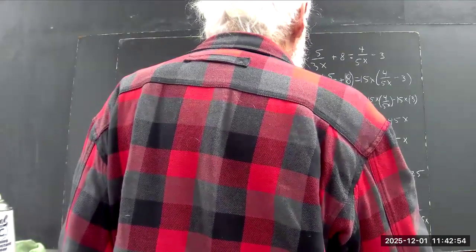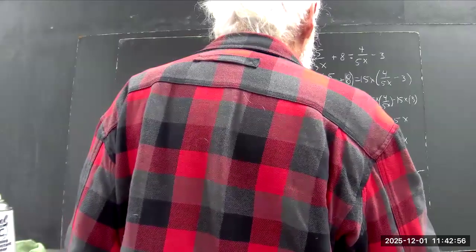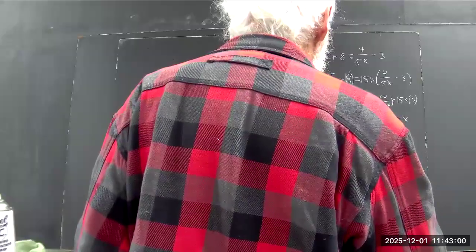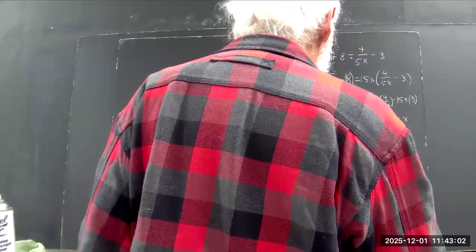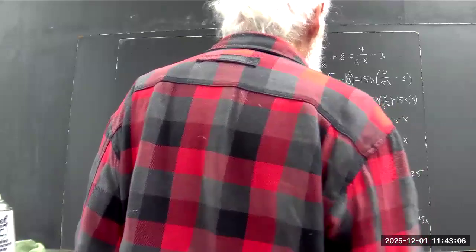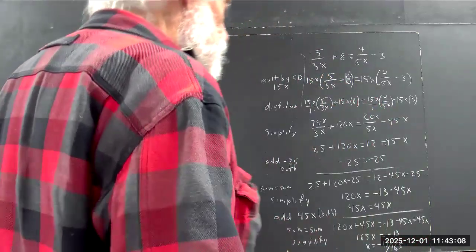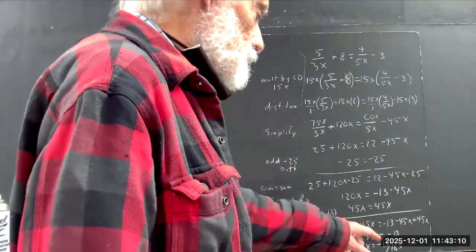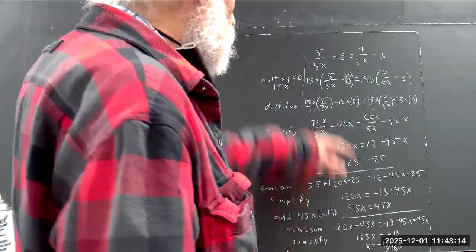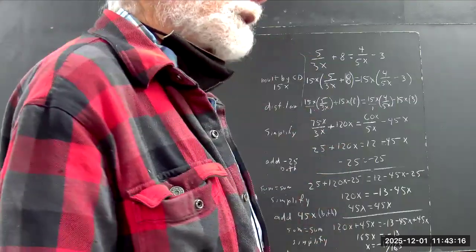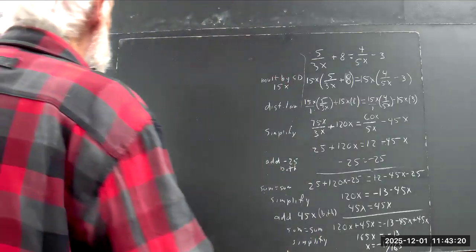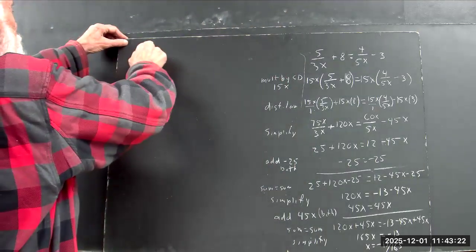So that finally, x equals negative 13 over 165. Now again, we get a fraction down here. And we're going to have to substitute that fraction back in to the original equation in order to check.